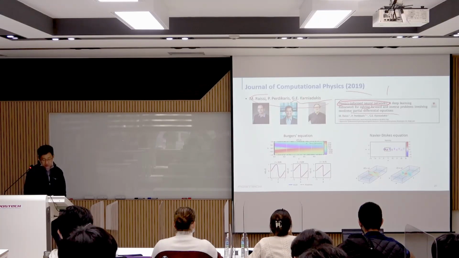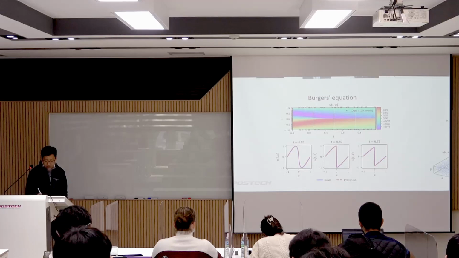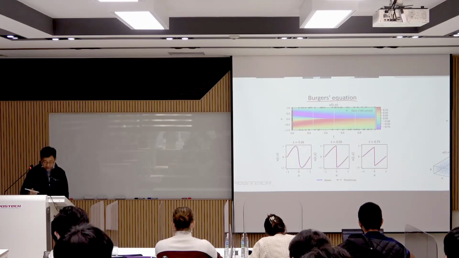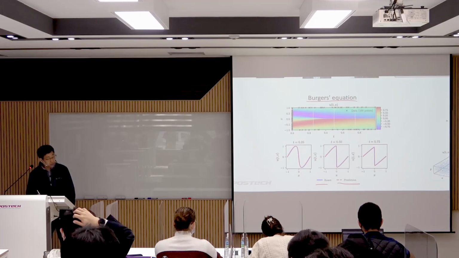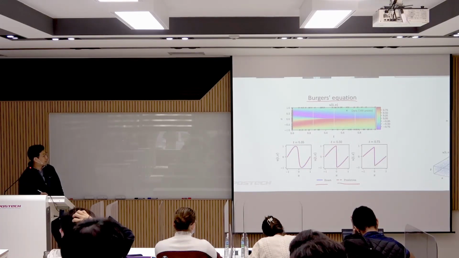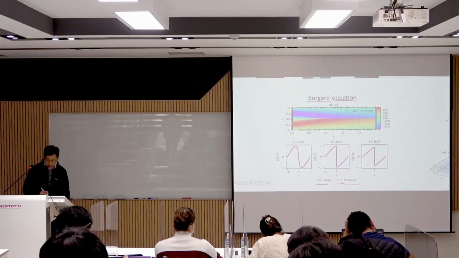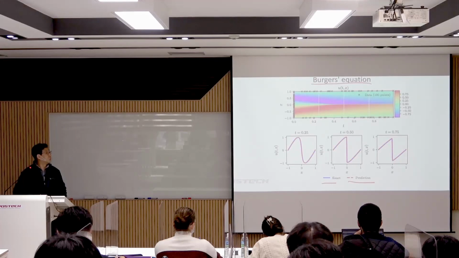In this paper, you don't have to know what it is, there's a PDE, Burgers' equation, and here are the exact solutions. The red solid dots are the values predicted by deep learning models, and as you can see, it's exactly the same.